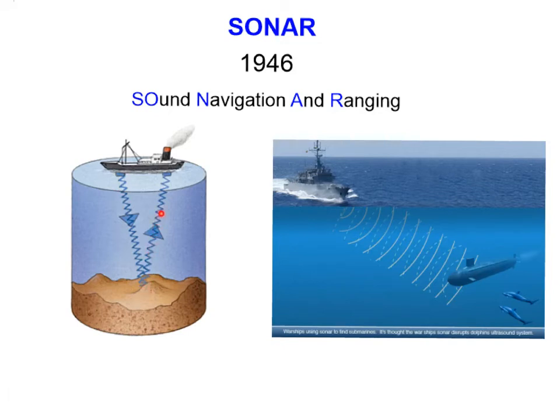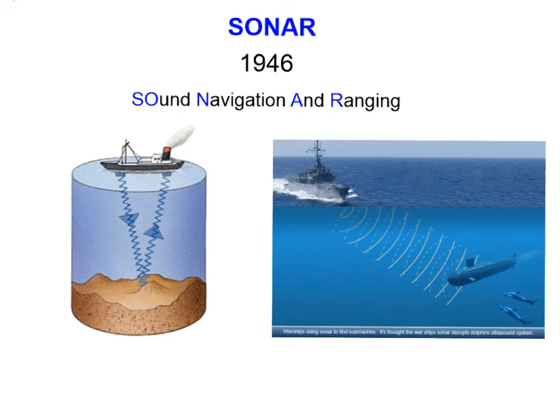Once this is reflected, a very sensitive underwater microphone on the bottom of the ship called a hydrophone picks up that reflected signal. Since we know the speed of sound in water, the distance to the object can be calculated by measuring how much time passes between emitting the sound pulse and receiving the reflected signal.